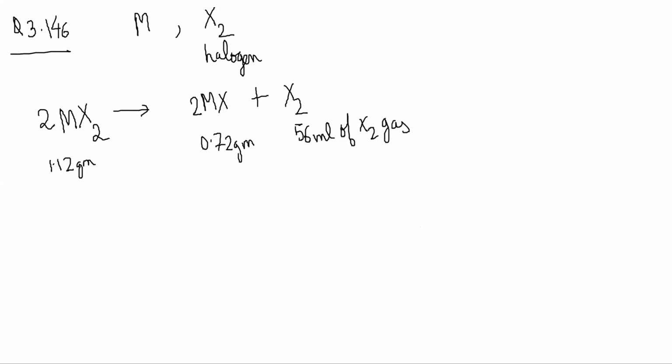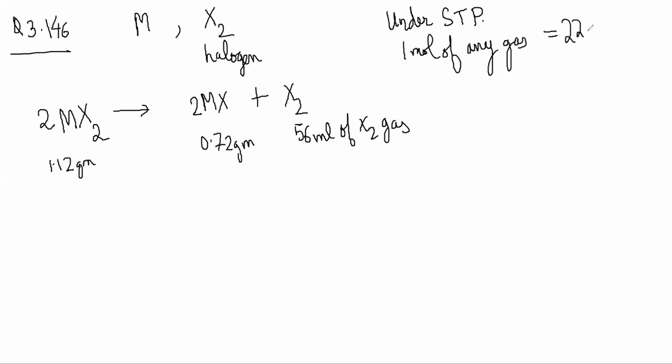Now, he has given you this fact. This is a standard fact that under the conditions of the question, under standard temperature and pressure, 1 mole of any gas has a volume of 22.4 liters.